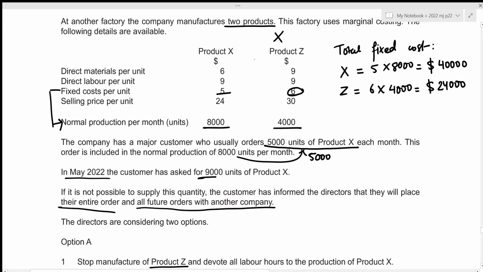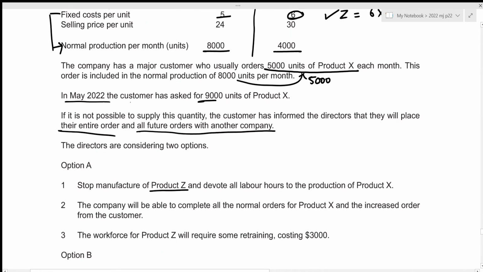So we just completely ignore this except for our fixed cost relating to product Z. Okay, then the company is able to complete all the normal orders for product X and the increased order from the customer. So we know that our usual units were 8,000, which included the 5,000 order of that major customer. And for the month of May 2022, the customer has asked for 9,000.